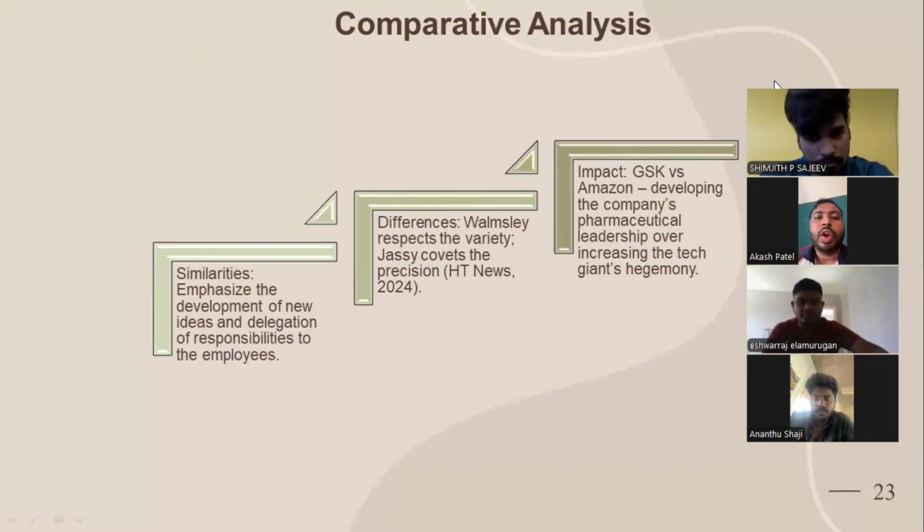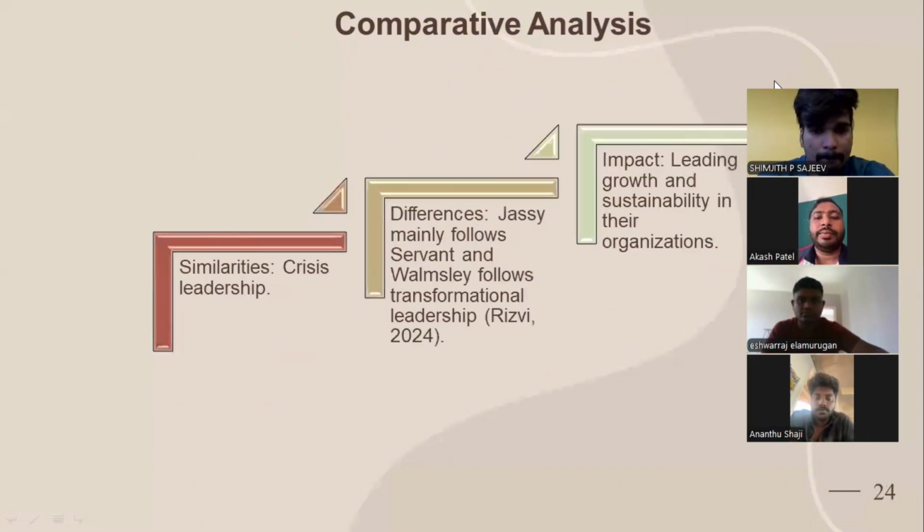The appointment of Walmsley relates to the pharmaceutical side of GSK, and that of Jassy to the technological gain drive of Amazon. Next slide, please.